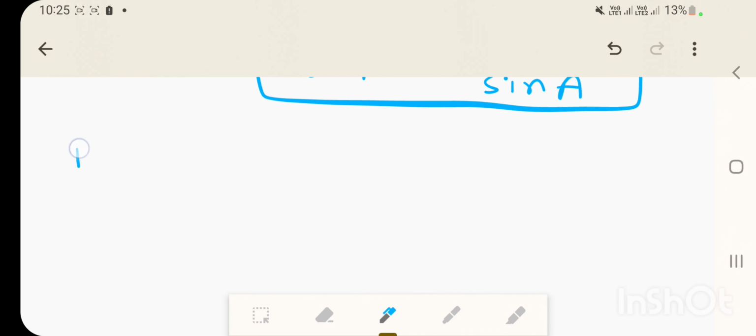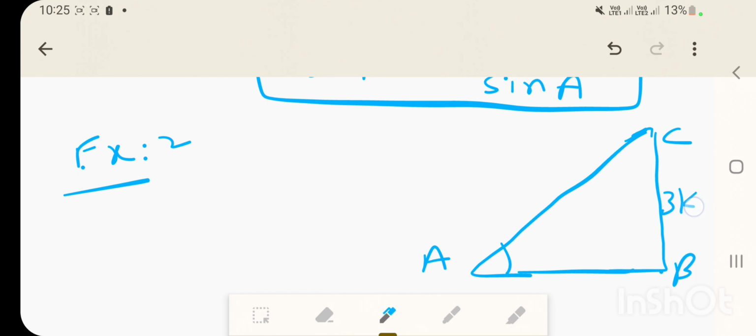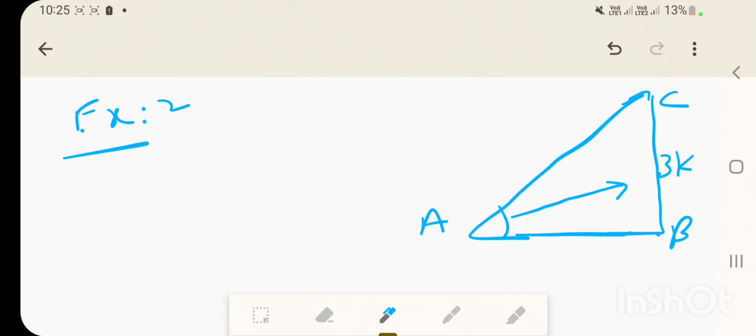So example number 2 for this class. We take a right angle triangle like this, and we have angle A here, and this is B, and this is C. The length of the opposite side to angle A is BC, 3K, and the length of the adjacent side to angle A, that is AB, is 4K.